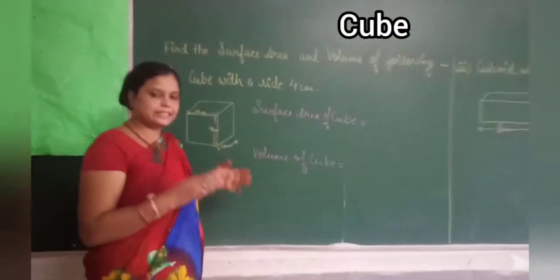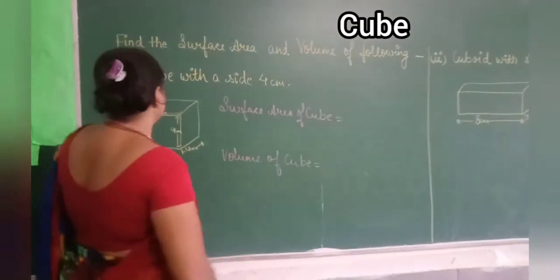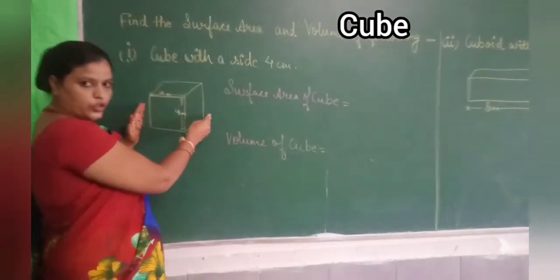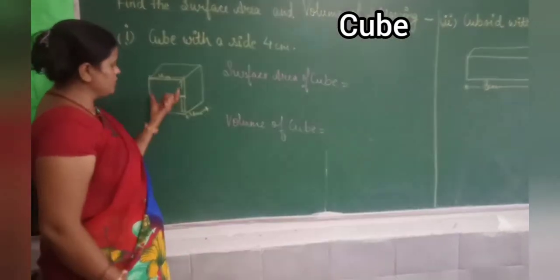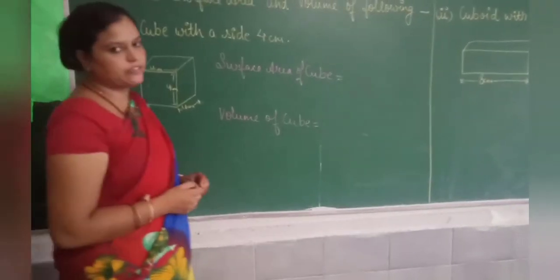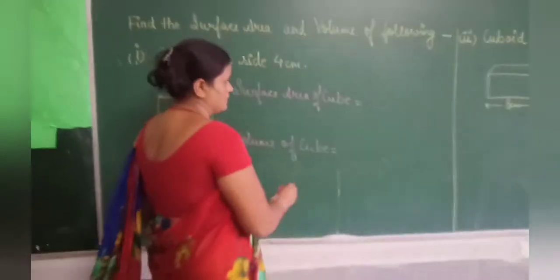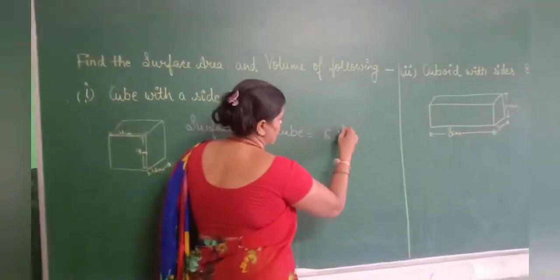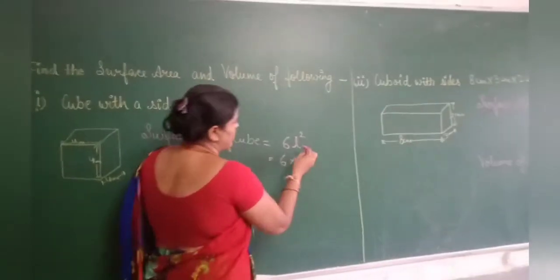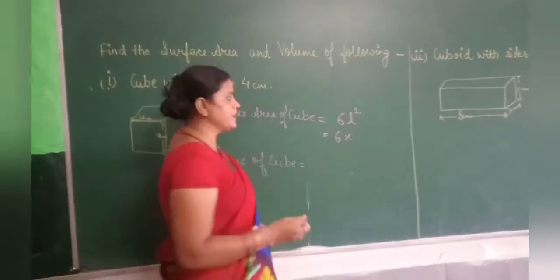Here the side is given, and all the sides of the cube are the same. The shape of the cube is like this: 4, 4, 4. The length of all the edges will be 4. The surface area of a cube is 6 L square, or you can write 6 into side square.